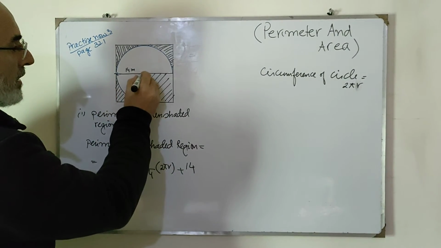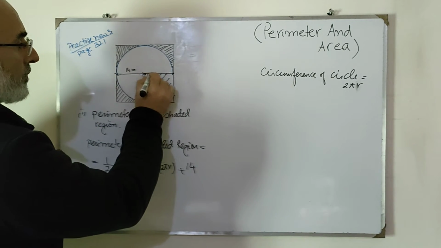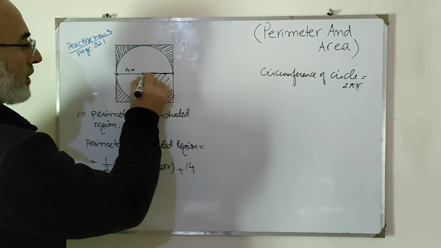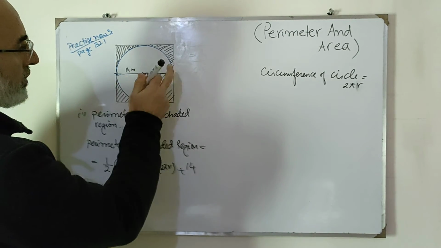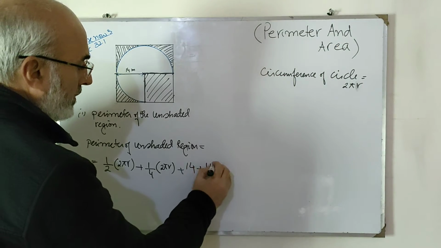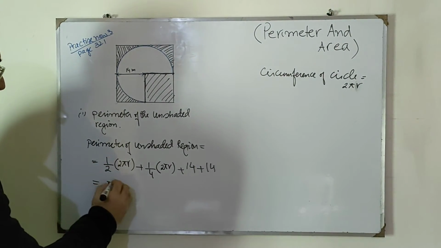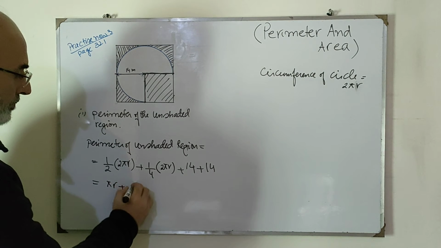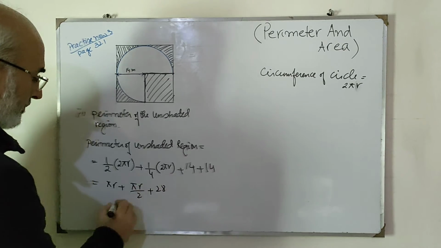Then after reaching here, we have to take this much. From this to this is also 14, so plus 14. So it will be equal to pi r plus pi r over 2 plus 28.